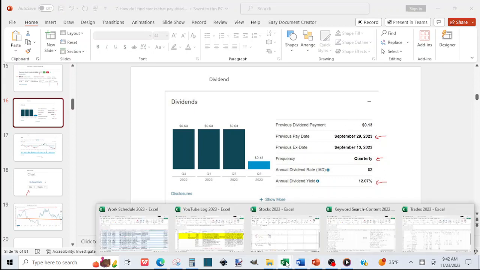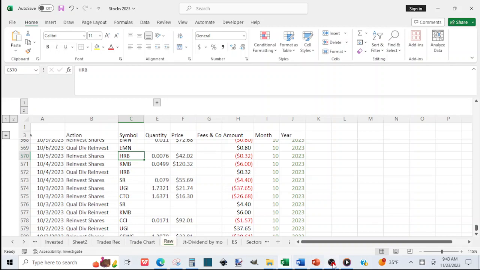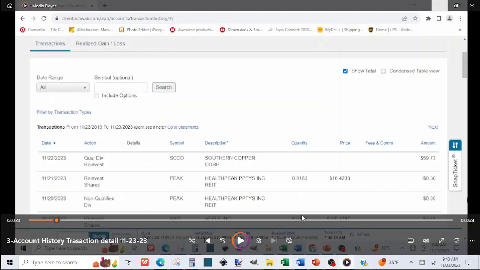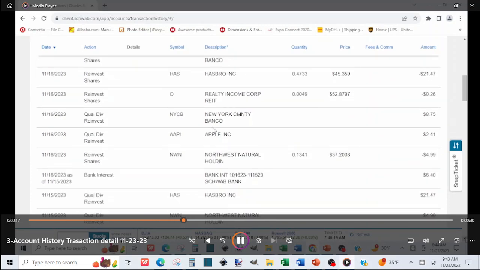And if we are looking at an example here, qualified dividend is a stock dividend. We have another one here for $2.41.